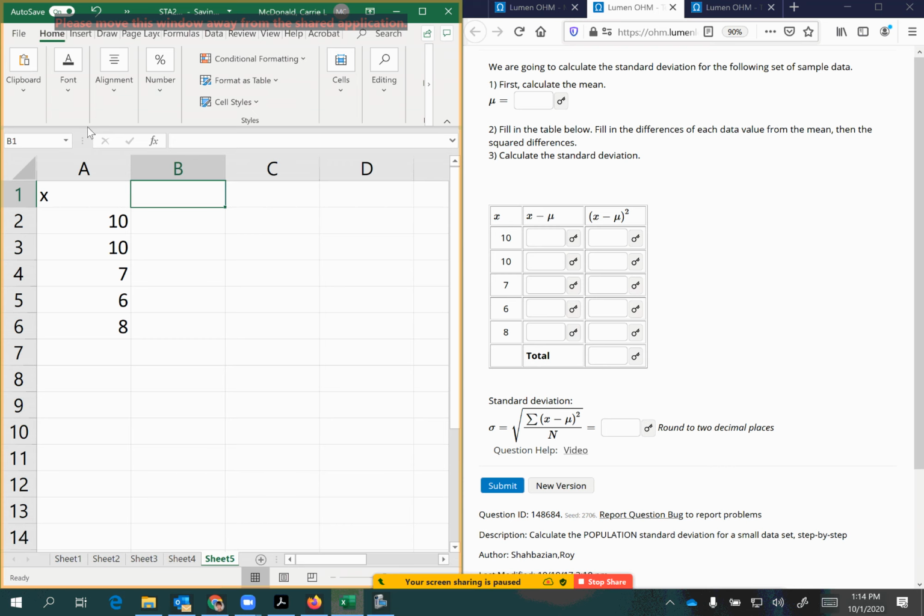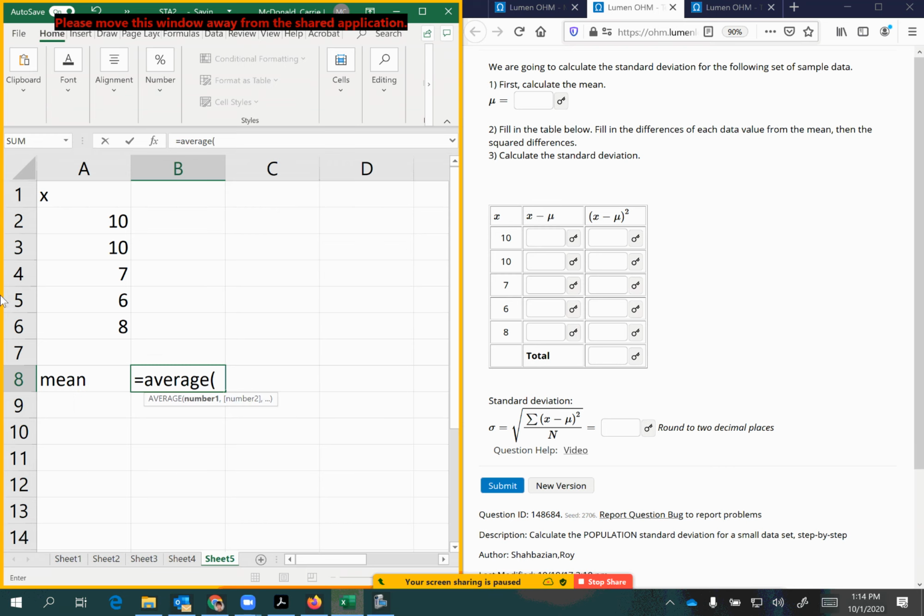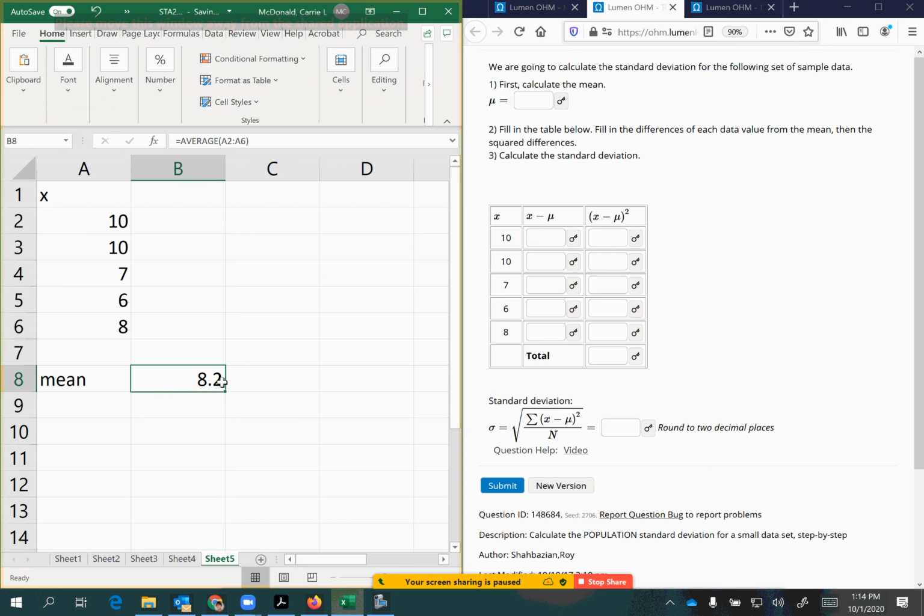Okay, so I've just entered in the data and now I'm going to start by finding the mean. So the population mean is, I can use the average function for this. Now it says nothing about rounding there, but all I can see is 8.2.